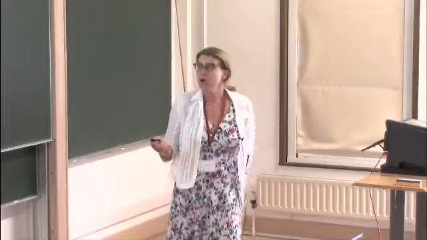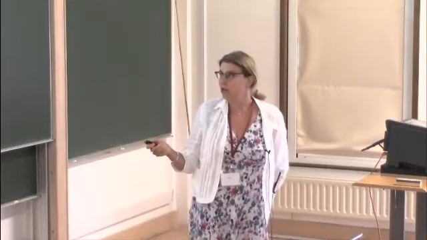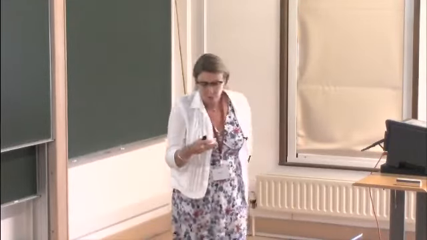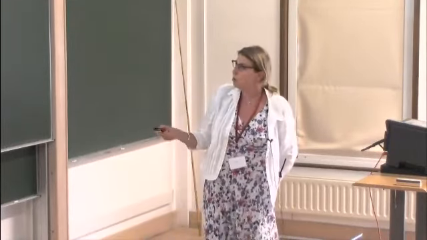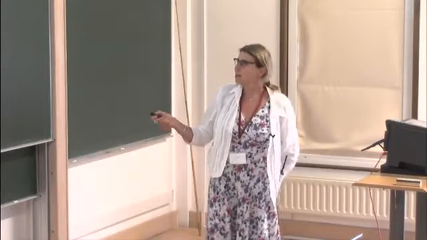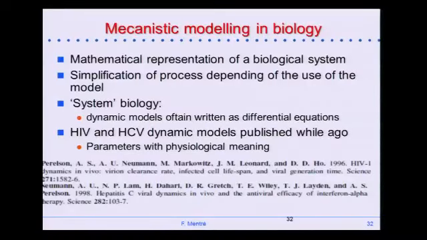For instance, for the dynamics of HIV and HCV after treatment, there have been papers quite a while ago in Science, in 1996 and 1998, explaining the differential equations to understand the action of these drugs. And we wanted to use those models. This paper, for instance, is the most quoted paper in PubMed about mathematical modeling of biological systems.